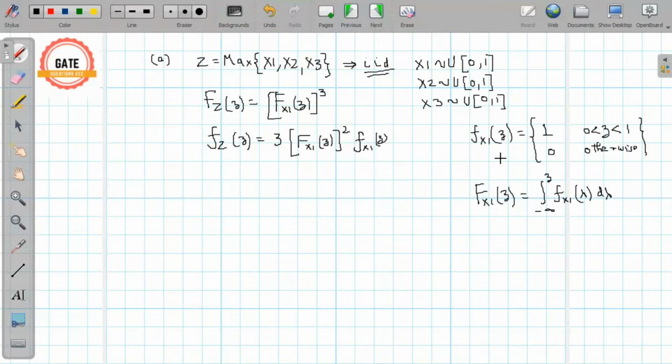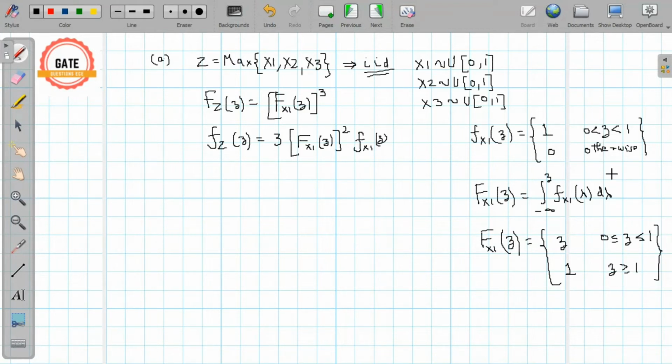So in this integration we perform over this function, we will get that the CDF of x1 will be equal to z for the range 0 less than or equal to z less than 1, and 1 for z greater than or equal to 1.